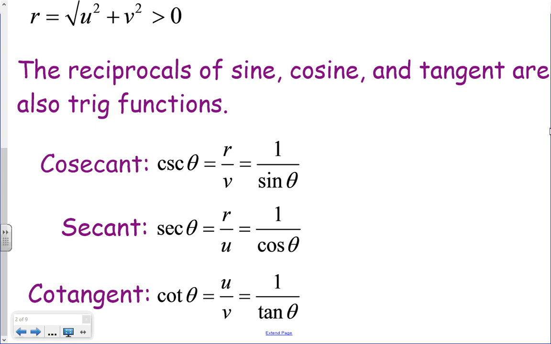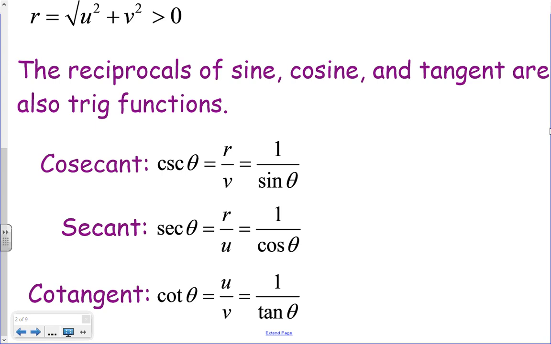And it turns out that cosecant is the reciprocal of sine. So I could write cosecant of theta is equal to 1 over the sine of theta. And since I know that sine of theta is equal to V over R, that means that cosecant of theta must be equal to the reciprocal of that, which would be R over V.